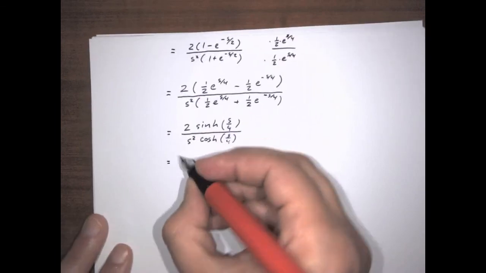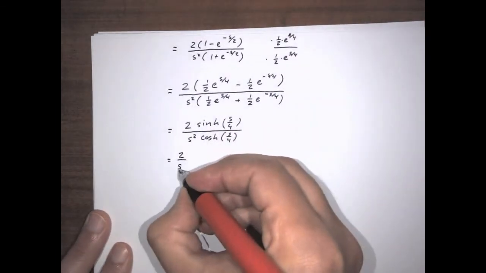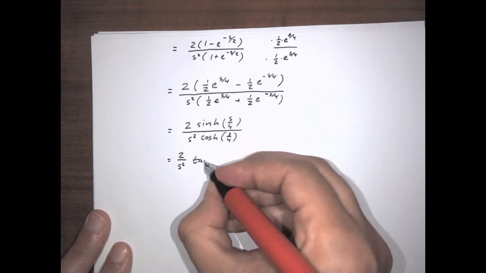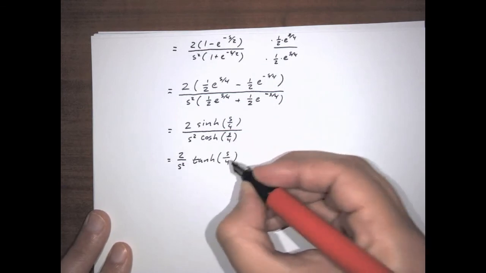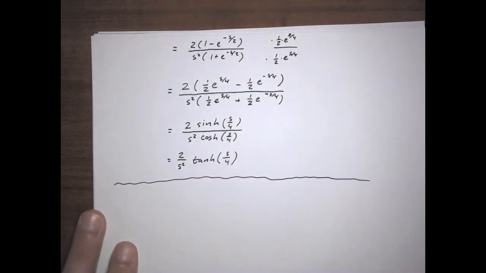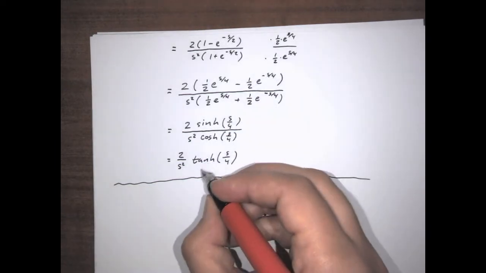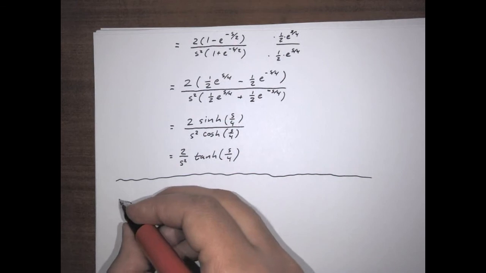But then we could rewrite that to be 2 over s squared and the hyperbolic tangent of s over 4. Now, that bears a shocking resemblance to the result we got earlier for the square wave. Coincidence? No. And here's the connection.